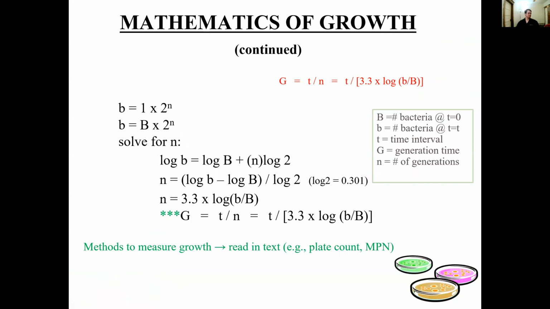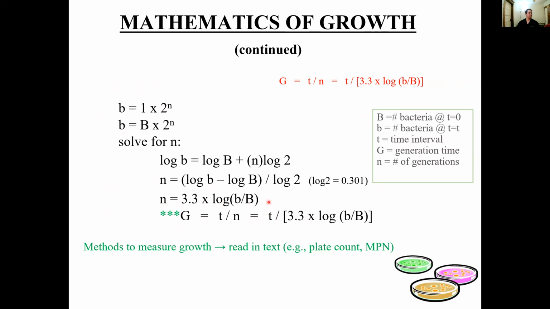If you look at some examples here, running through this equation and how to use it, you can rearrange the equation based on the variables you're given, calculate, and arrive at your generation time.